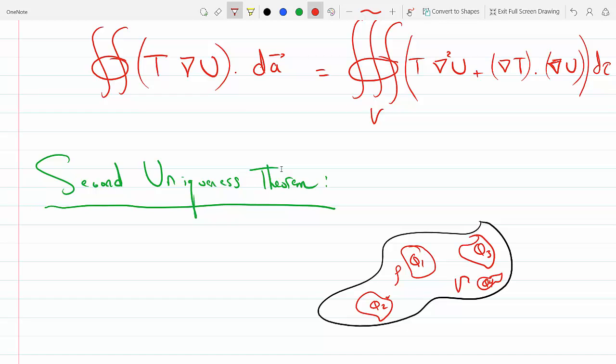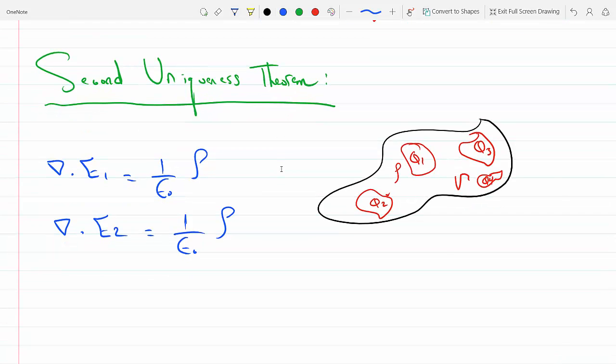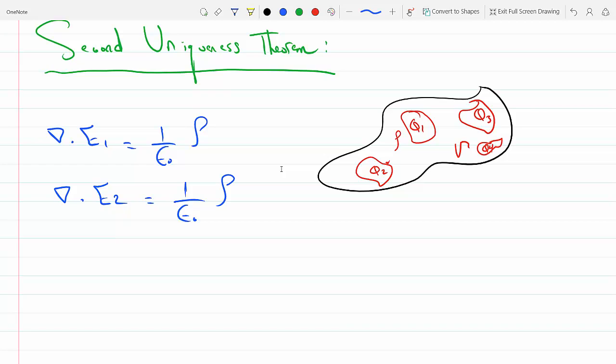And now suppose there are two fields existing here. Both have to obey Gauss's law. So the divergence of E1 has to equal 1 over epsilon times the volume charge density, and so does E2. This is Gauss's law in the differential form, and you also have to obey Gauss's law in the integral form.